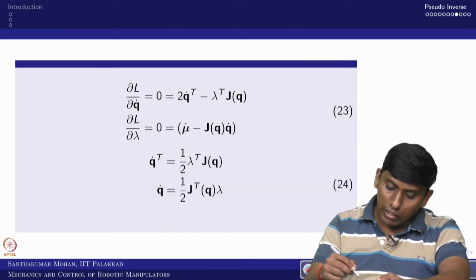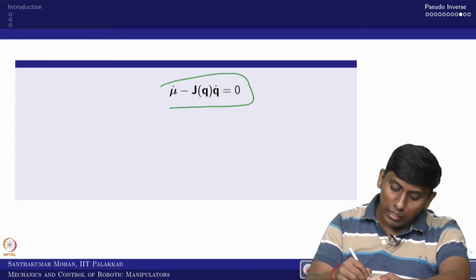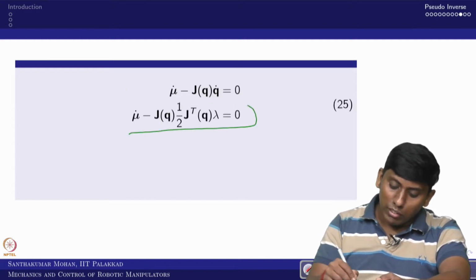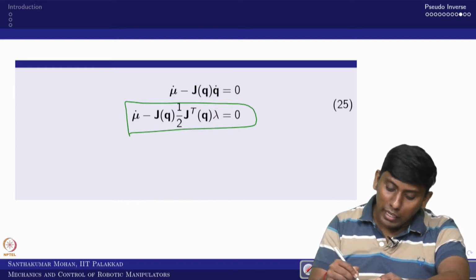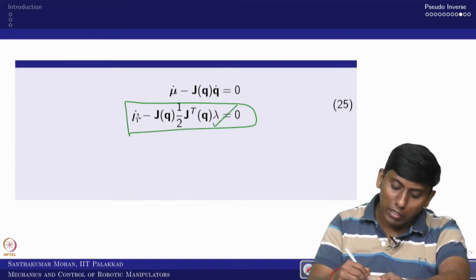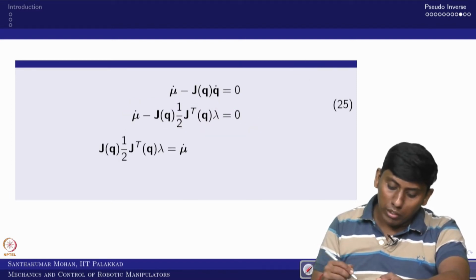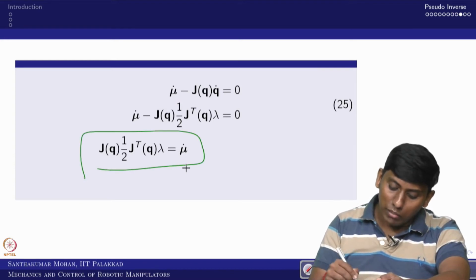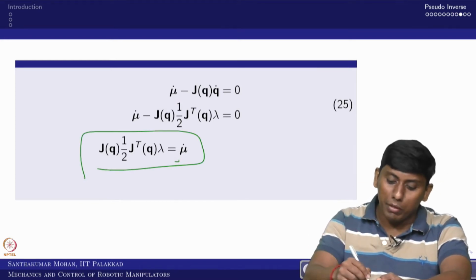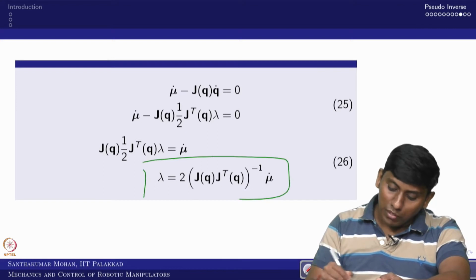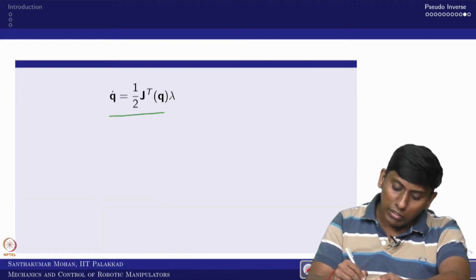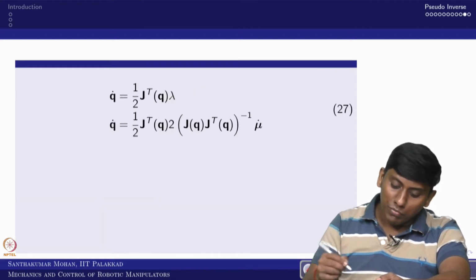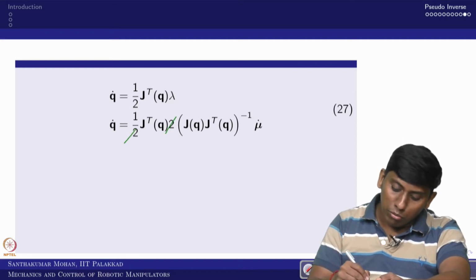This will give, now I rewrite this where lambda is obtained in the form of mu dot. Now this I substitute into the previous equation, okay. If I substitute lambda in this equation, the 2 and 2 will go.